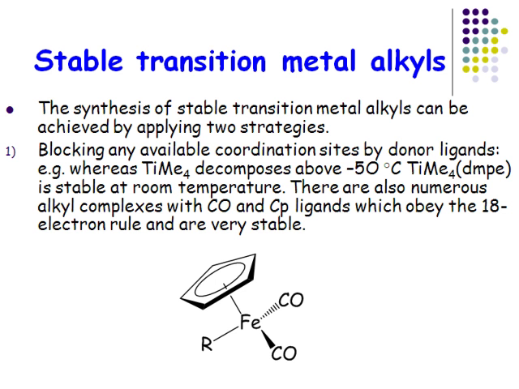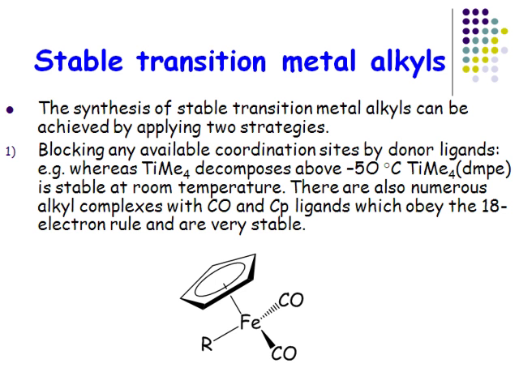How can we overcome this tendency to undergo reactions like beta-hydride elimination? Well, if you want to make stable transition metal alkyls, then you can apply one of two strategies, or probably both of these strategies in combination. First of all, you can block all the available coordination sites. You saw that the way that mechanism took place is that the beta hydrogen was coordinating to a vacant orbital on the transition metal center.